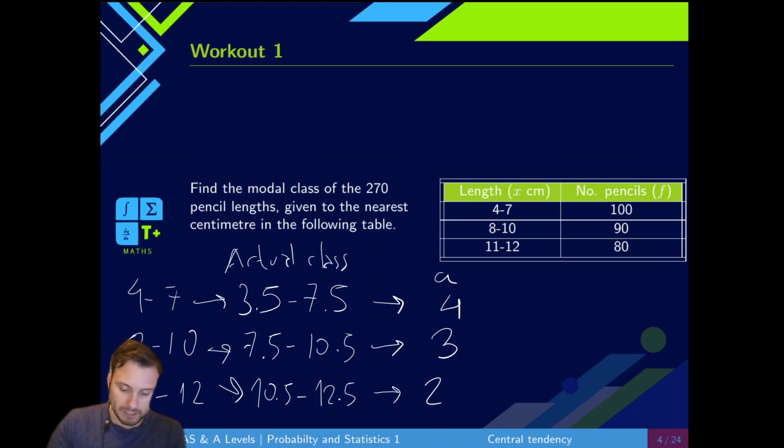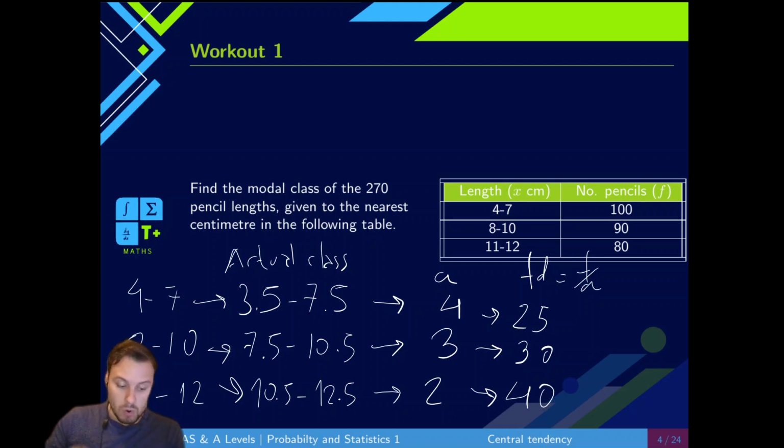So then remember that the frequency density is equal to the frequency over the amplitude. In this case it is going to be 100 over 4, that's 25, then 90 over 3, that's 30, and then 80 over 2, that's 40.